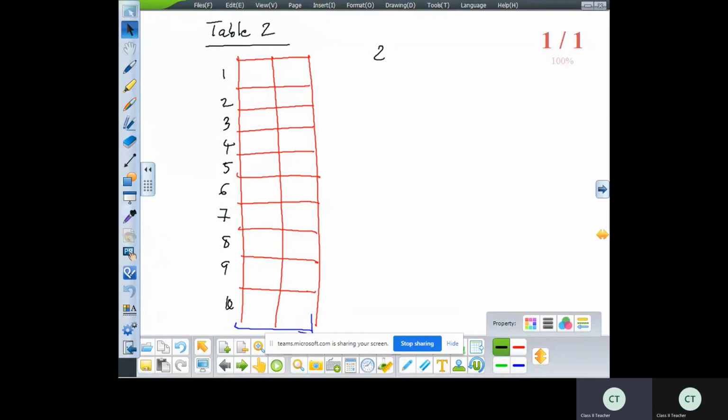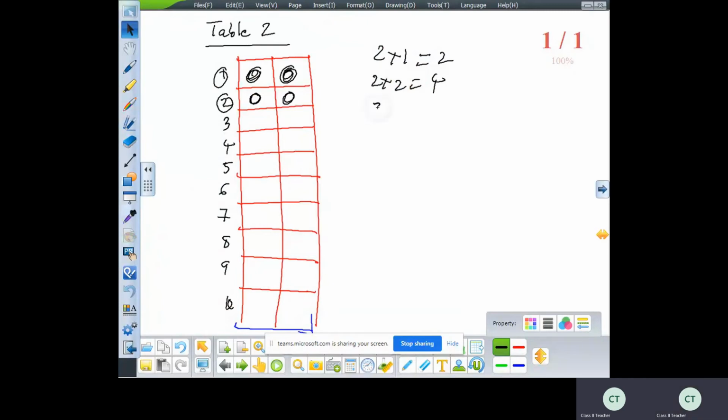See, 2 ones are... and 1 is there. How many? 1, 2. 2 ones are 2. Next, 2 twos are. Means 2 here. Total boxes are 1, 2, 3, 4. 2 twos are 4.